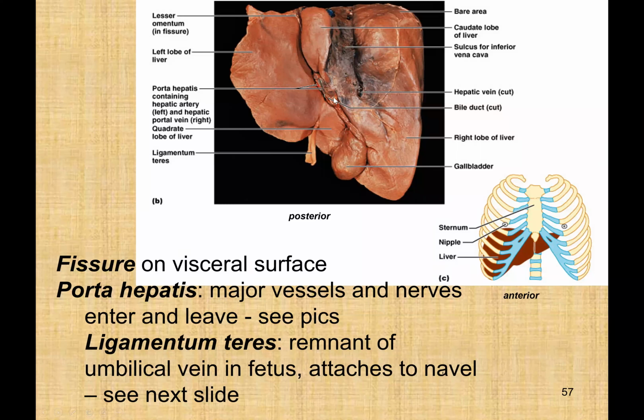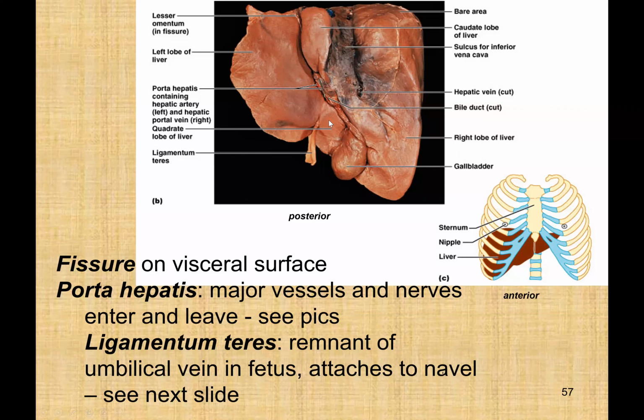And then within the portal hepatis, we can have some blood vessels coming in there. So this is the ligamentum teres, and then this is the quadrate lobe. The liver has a right lobe, left lobe, caudate lobe, and then the quadrate lobe. The main lobes are the right and the left, but we also have the caudate lobe and the quadrate lobe.